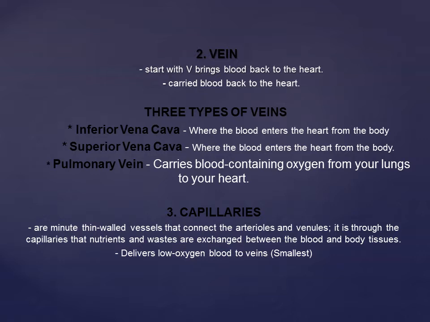The third kind of blood vessels is capillaries. Capillaries are many thin-walled vessels that connect the arterioles and venules. It is through the capillaries that nutrients and waste are exchanged between the blood and the body tissue. They deliver low-oxygen blood to veins.